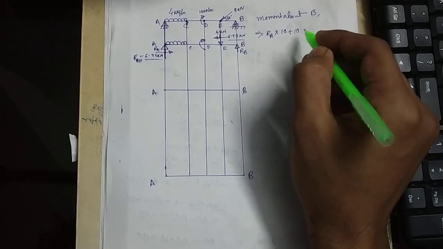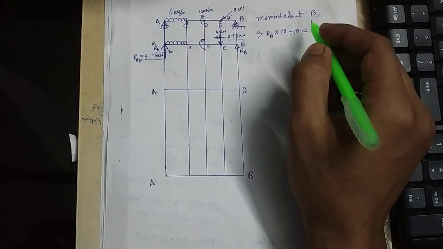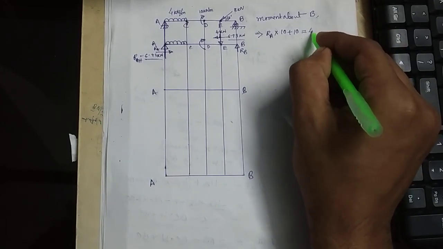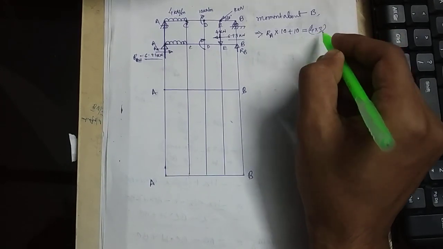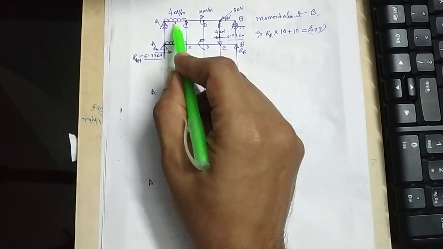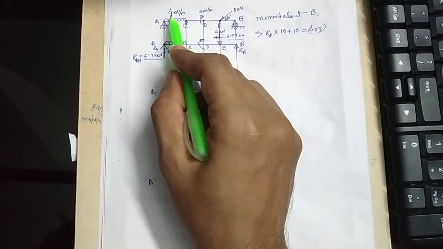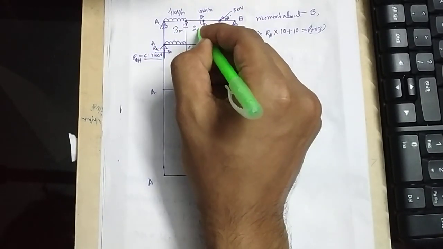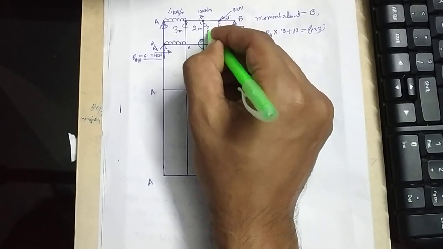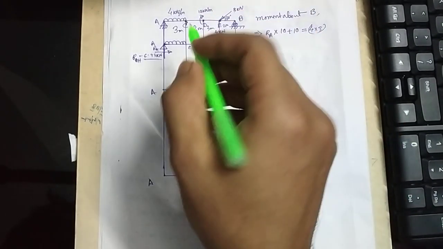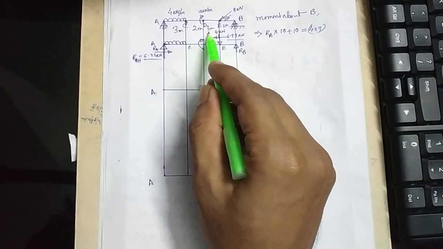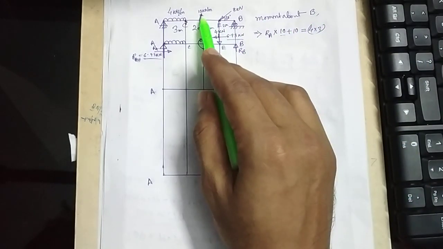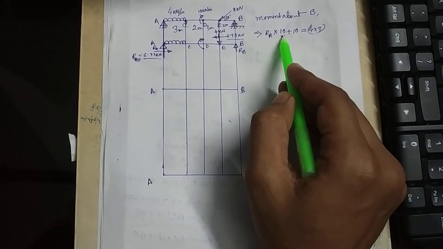This is the total clockwise moment, and it will be equal to the anticlockwise moment, 4 into 3, because of this uniformly distributed load. This distance is 3 meter, this is 2 meter, this is again 3 meter, this is again 2 meter. So the distance 3 plus 2 is 5, plus 3 is 8, plus 2 is 10, and this couple is 10 kN·m, so it is placed directly.